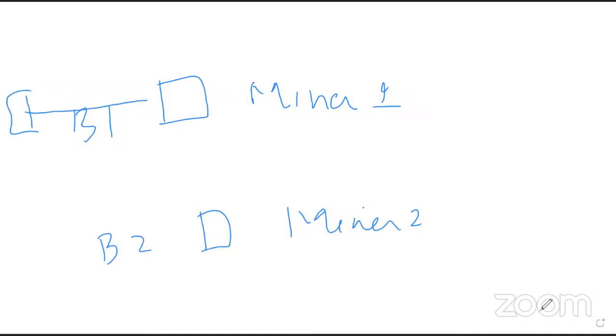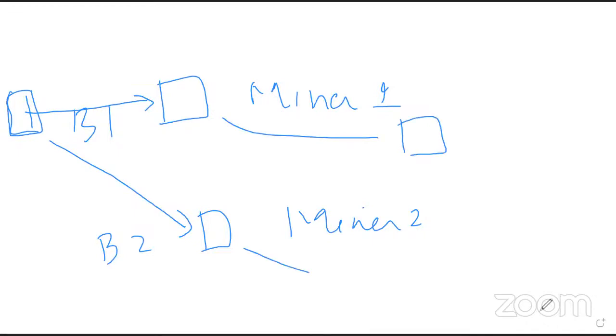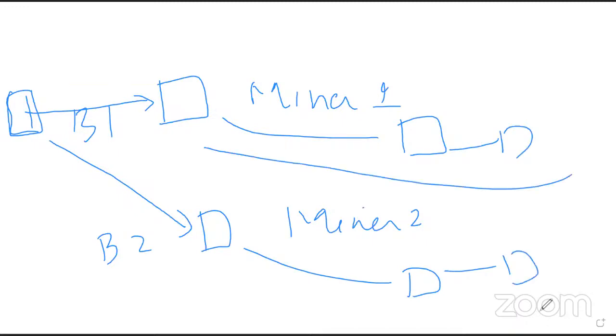This is a blockchain where the previous block was this, and this is the next block. Now the next block that comes may be added to this or to this, and this will keep on going. Ultimately the longest chain will win, but there will be forks in the blockchain. That is what I wanted to explain to you.